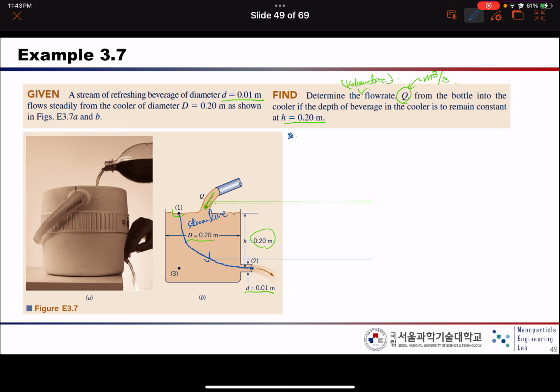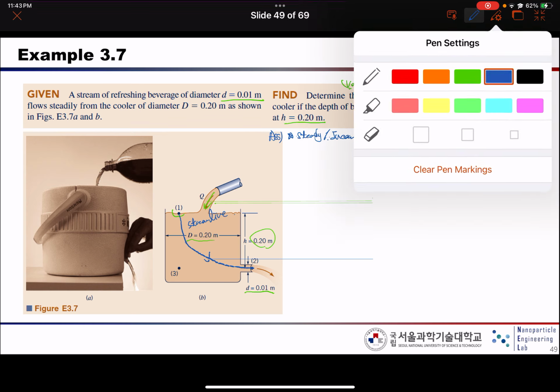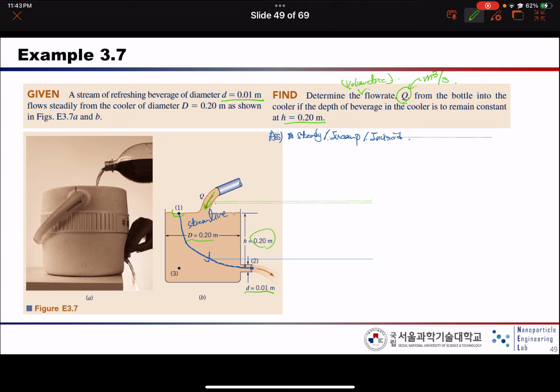And please check our assumption first. This is steady assumption, steady and incompressible and inviscid. This is our assumption.